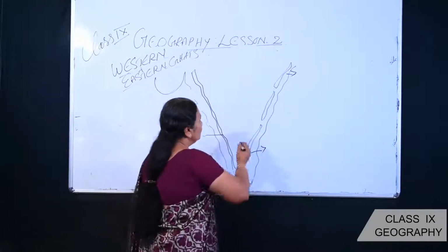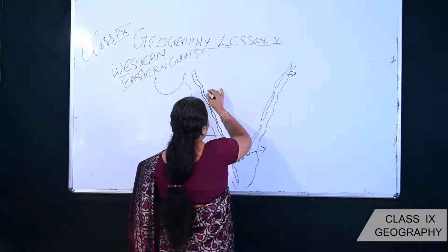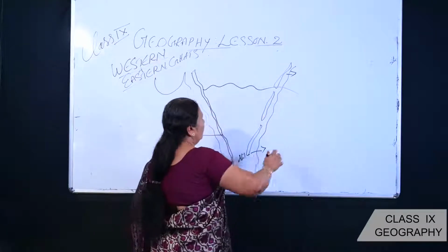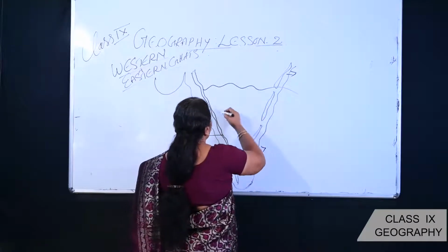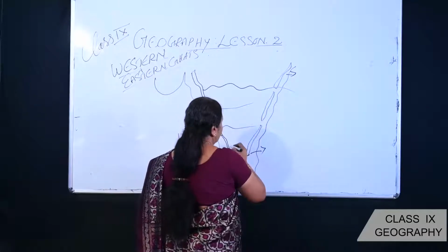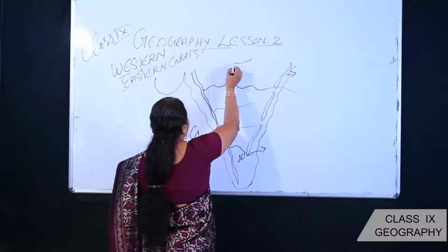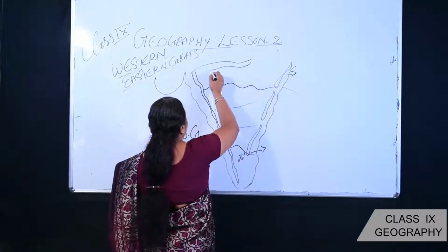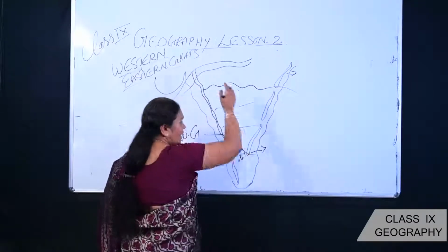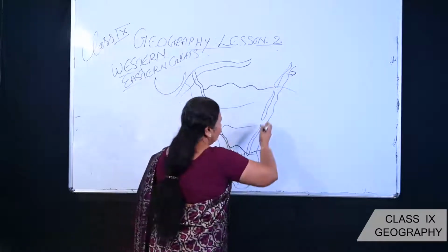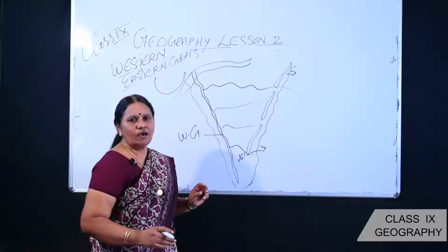Why? Because so many rivers, Godavari, Krishna, Kaveri and Pennar, form from the Western Ghats and enter into the Bay of Bengal. Only Narmada and Tapi start from the Amarkantak Plateau and enter into the Arabian Sea. Because of this, the Eastern Ghats are discontinuous or broken.